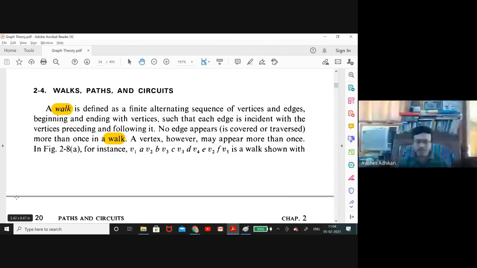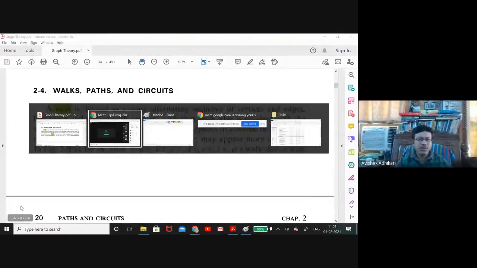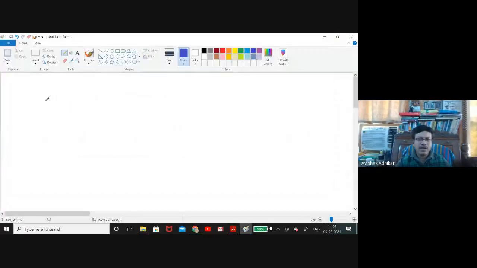So the question is, what is a walk? Intuitively, in graph theory, we should have some vertices and some edges. Now, what does this walk mean? You can travel through this. There is no need to draw a straight line. If I draw like this, then also it stands for an edge.